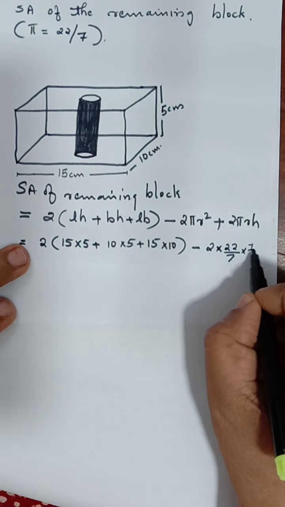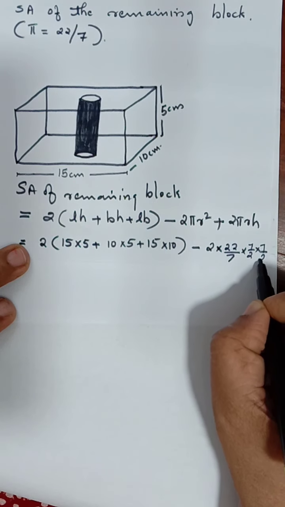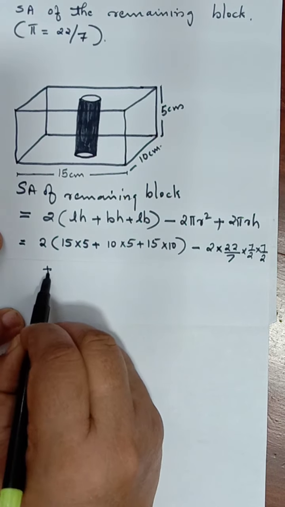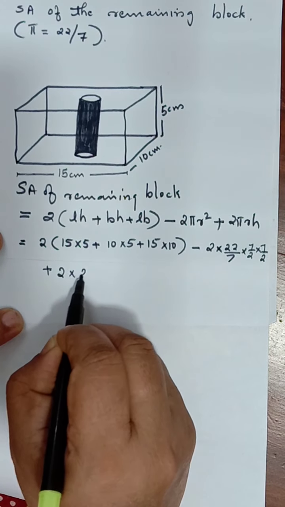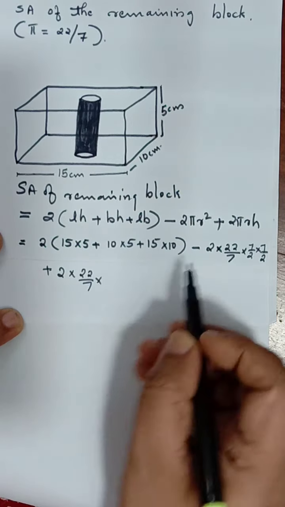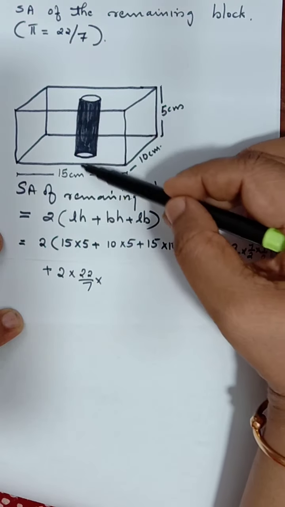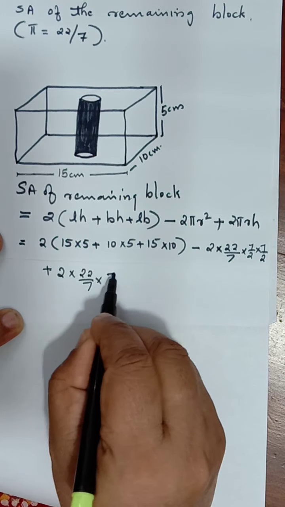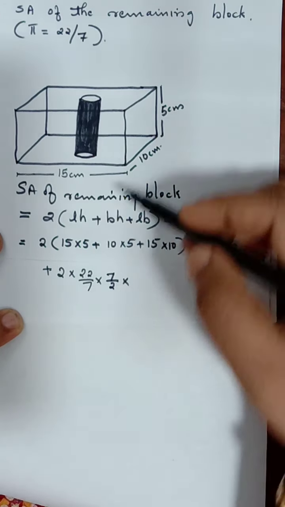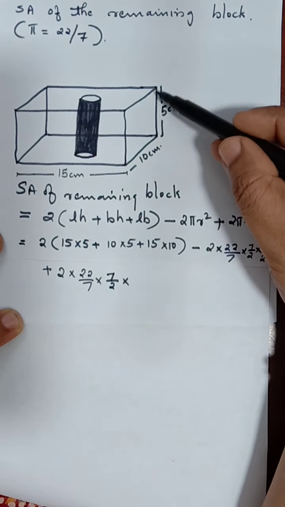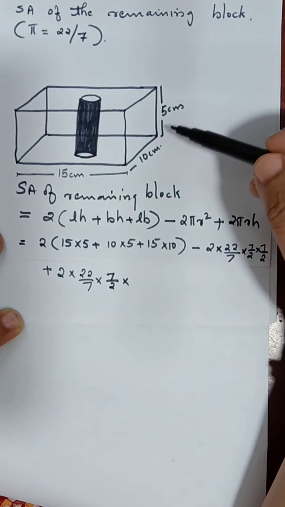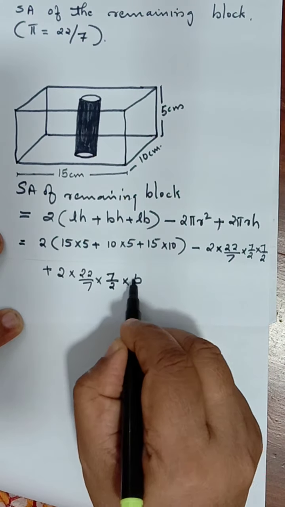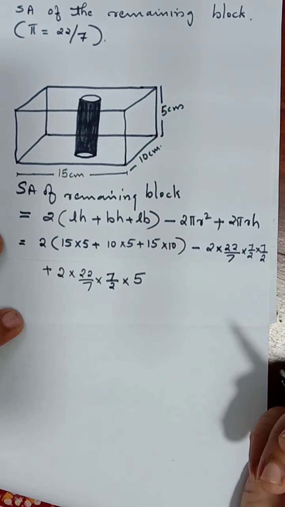Diameter is 7, so radius will be 7 by 2. Along with this, we have to add 2 pi r h: 2 into 22 by 7 into radius. We are going to find the CSA of the cylinder. So radius of the cylinder is 7 by 2 into height of the cylinder, which we can consider as 5 centimeter. That is the height of the cuboidal block. Height of the cylinder is height of the cuboidal block.